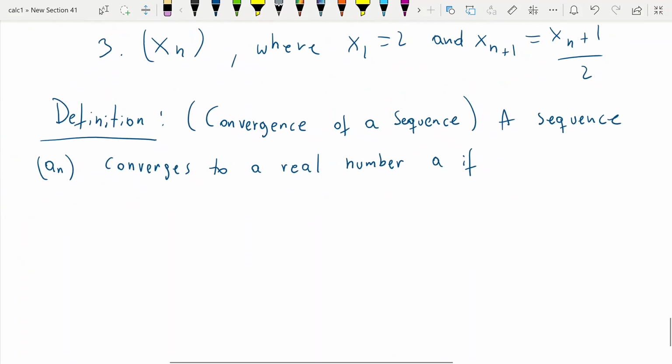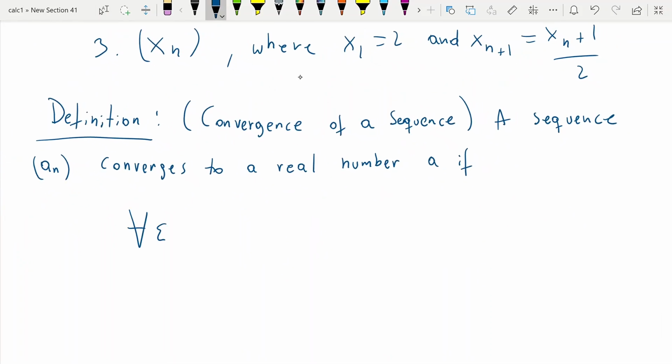if, well, I'm going to write it using notation we've gotten used to.